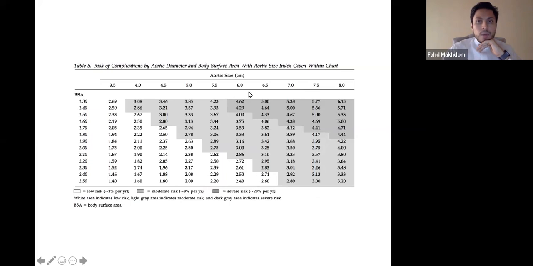As you go up with the size and with a smaller patient, you have a higher risk for complication. So you have to keep this in mind always when you are counseling a patient with aortic aneurysm about intervention or not. I think this table was taken from one of the IRAD papers.